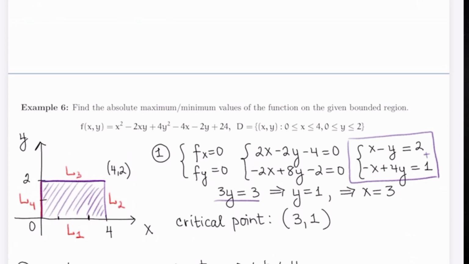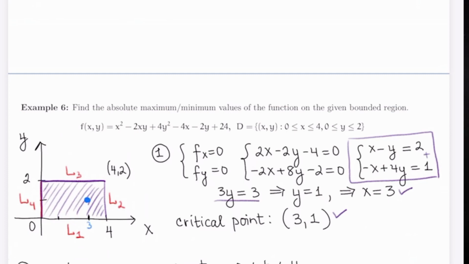From here, y is equal to 1. And then by back substitution, we find that x is equal to 3. So we have one critical point, (3, 1), and this point is on the interior of our region D. Let's go ahead and mark it. So let's say this is (3, 1) over here. That's the point that we determined in the first portion of this problem.